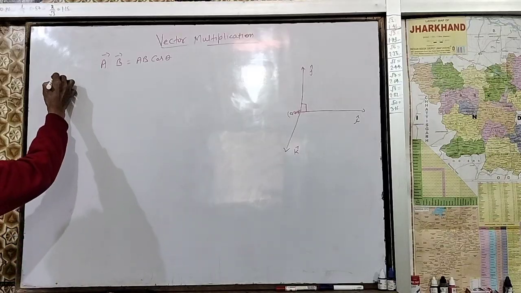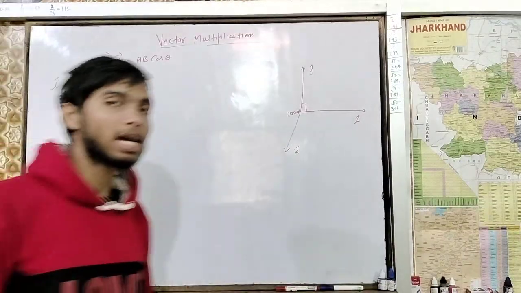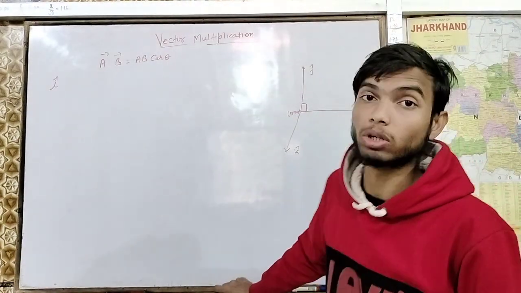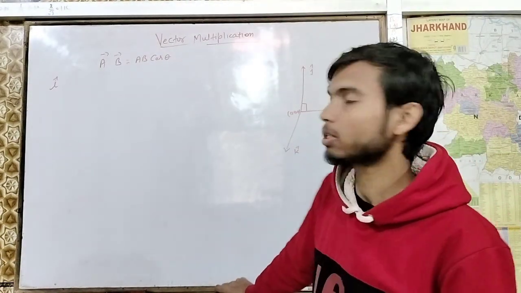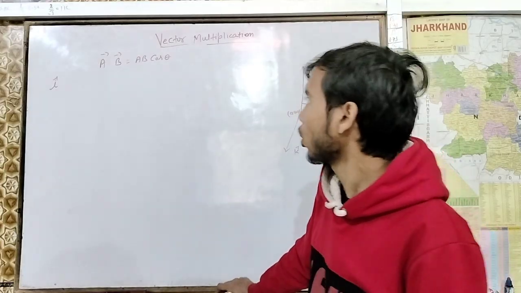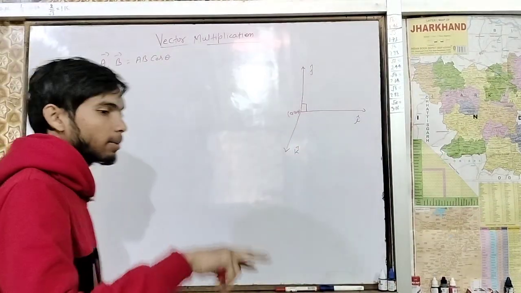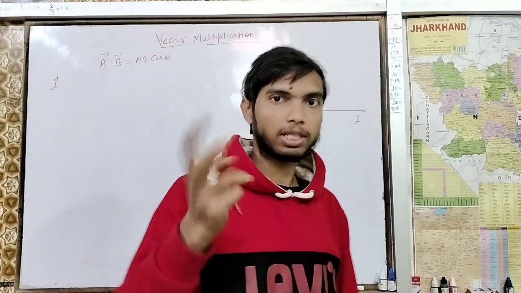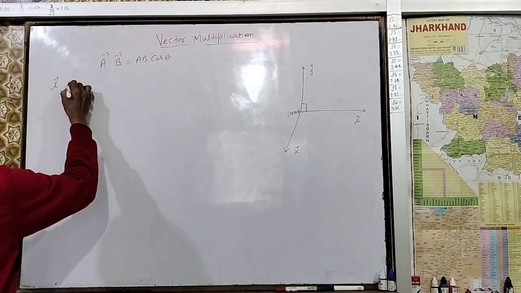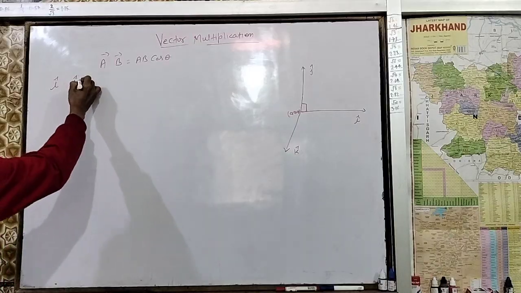Look, this i cap is a vector, and this type of i cap is known as a unit vector. Can you say i cap is a vector? Yes, we can say. So this is known as a unit vector. Now what if we take the same vector, i cap again i cap, and multiply it? So i cap dot i cap.